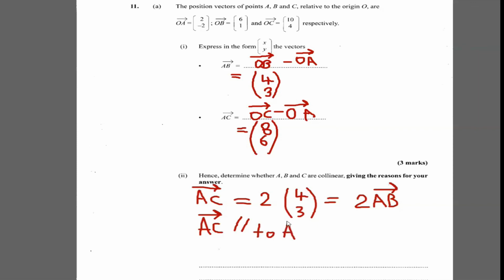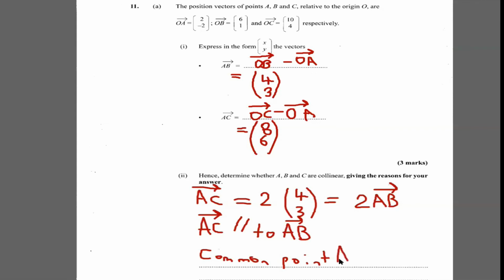Since they're parallel, they also have a common point A. Since they have a common point A, then A, B, and C are collinear. That just means they are in a straight line.